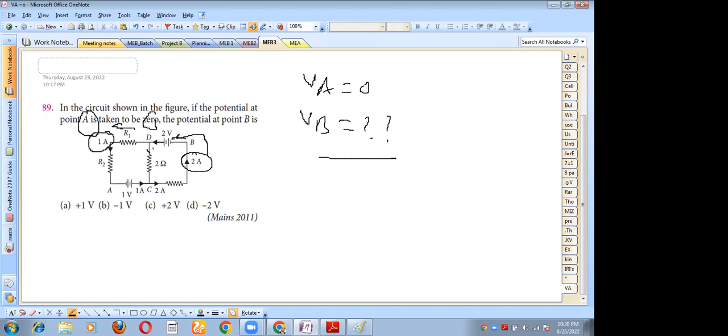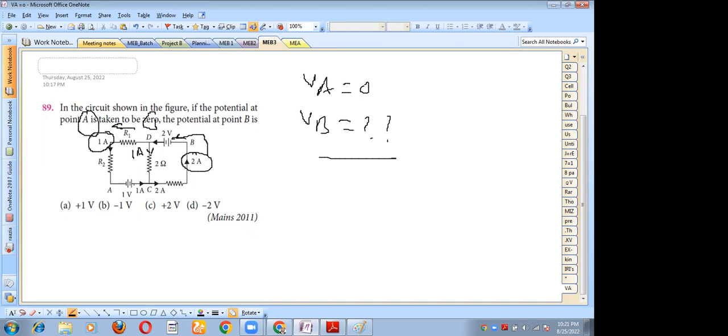It means 1 ampere current will be here, since at junction D, 2 ampere current was incoming and outgoing current from R1 is 1 ampere. It means current from this resistor should be 1 ampere, right? So it's 1 ampere.